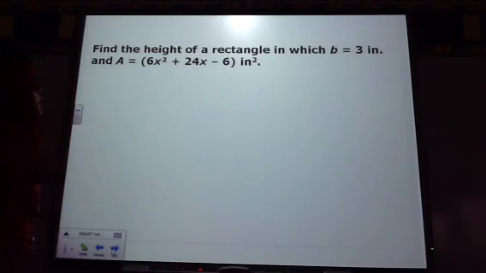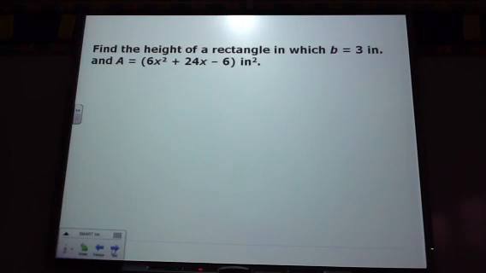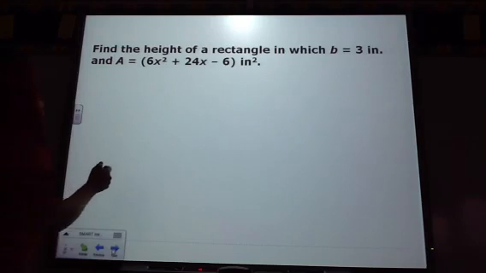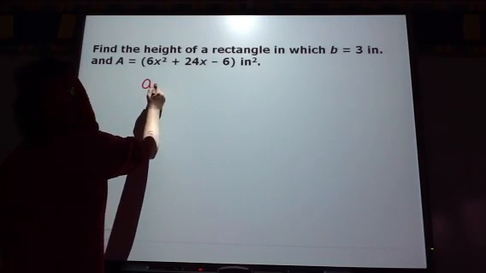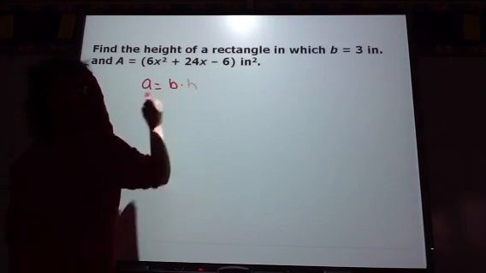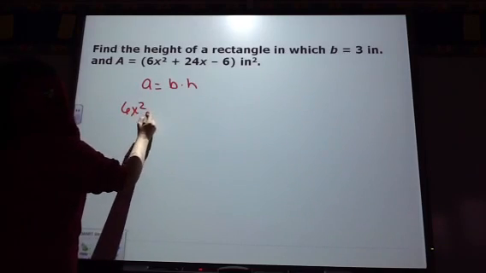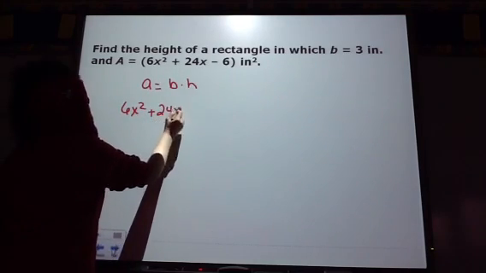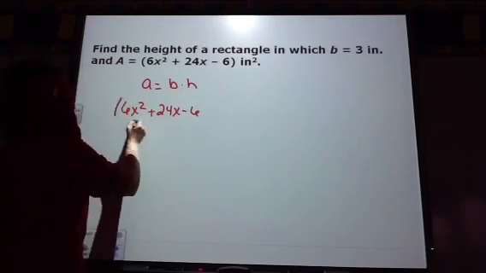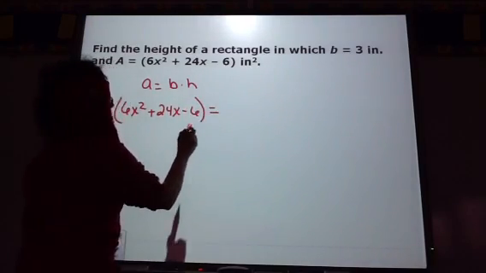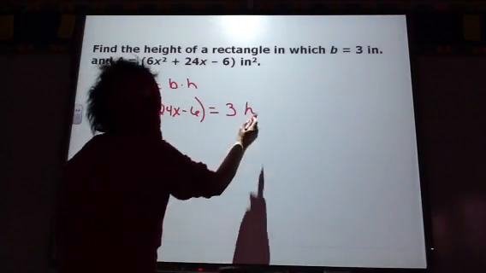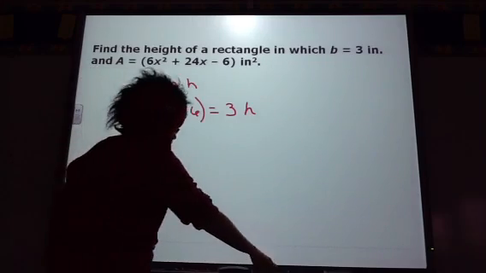Okay, find the height of a rectangle in which the base is 3 inches and the area is given here. Okay, so we have base times height. Our area is 6x squared plus 24x minus 6. And our base is 3. We are trying to find the height.